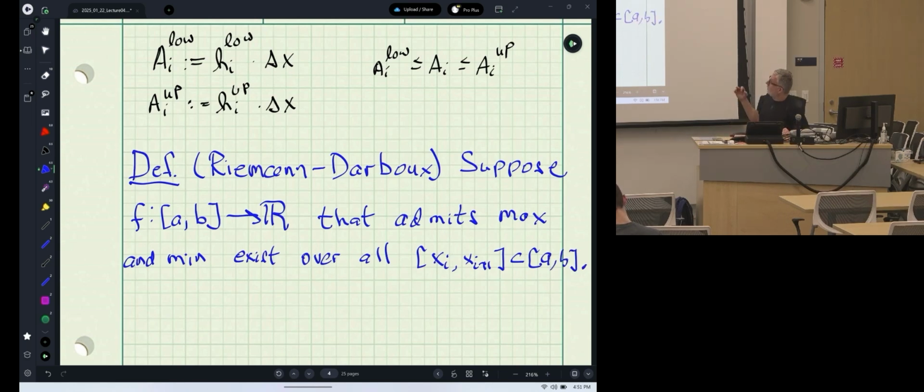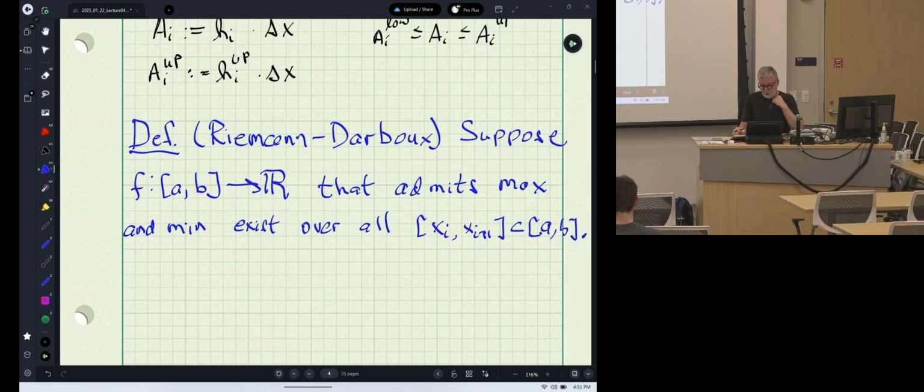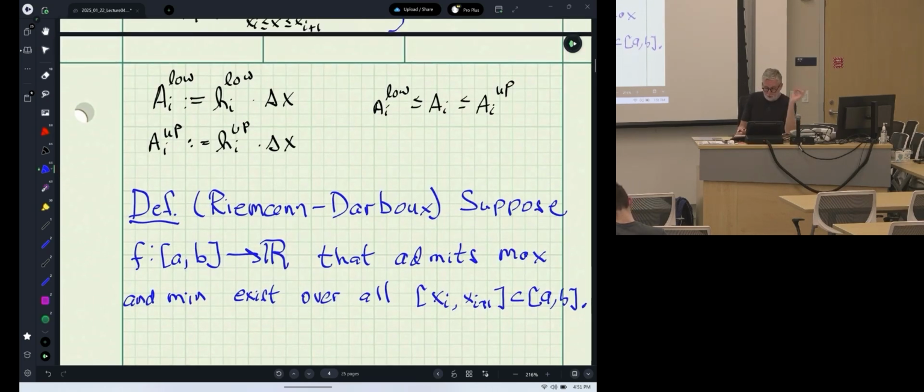We know these maxes and mins exist when we have a nice continuous curve. We'll see later that there are more general situations, so the key thing that we need to define the lower bound is that the min exists, and to define the upper bound is that the max exists.